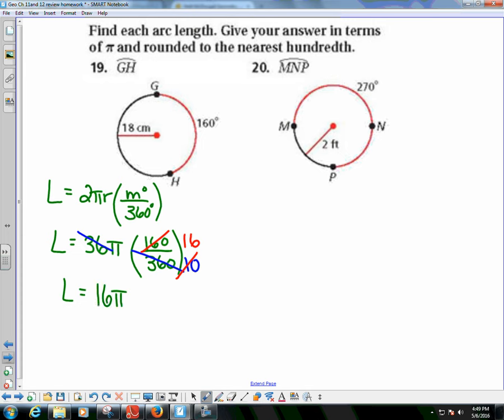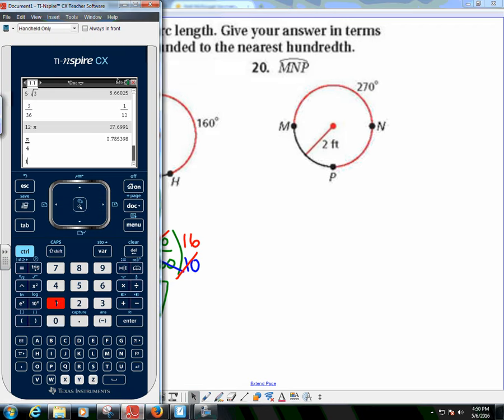It wants me to leave my answers in terms of pi and then round to the nearest hundredth. I need to check my unit. It says that this is centimeters. So my length in terms of pi is 16 pi centimeters. My length in terms of a number to the nearest hundredth is 50.2655.